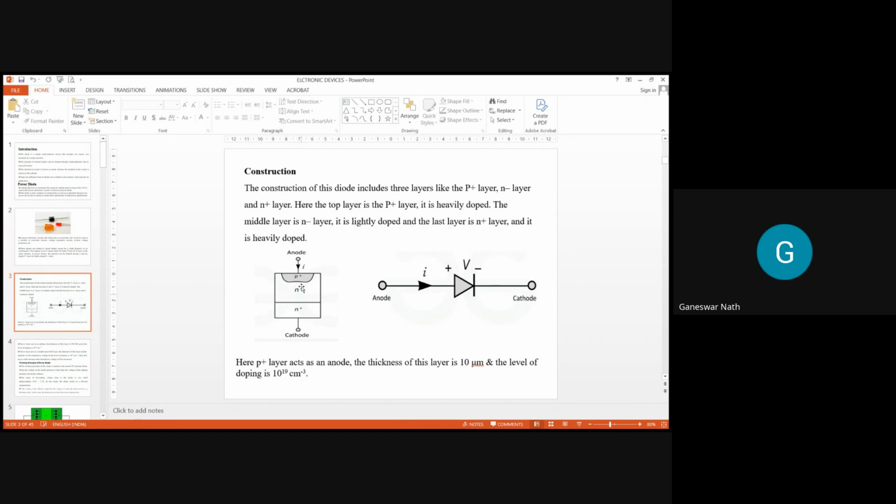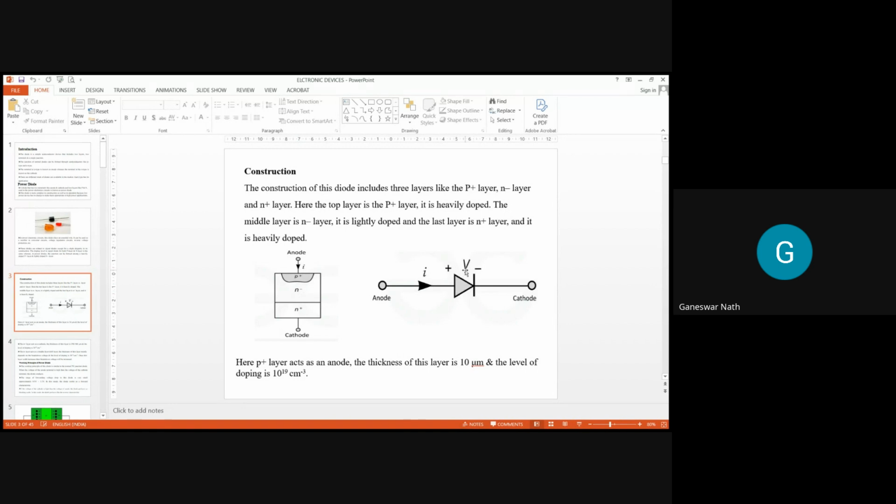You can see this is the N plus layer, this is P plus, and this is N minus. The N minus layer is lightly doped, that is why we are putting N minus. When P plus and N plus are given, that indicates it is heavily doped. There are two terminals, the anode and the cathode, and this is the symbol of a power diode, with the P type and the N type.